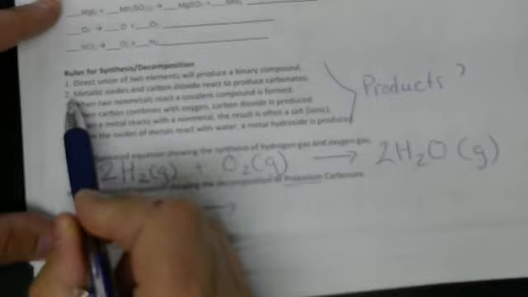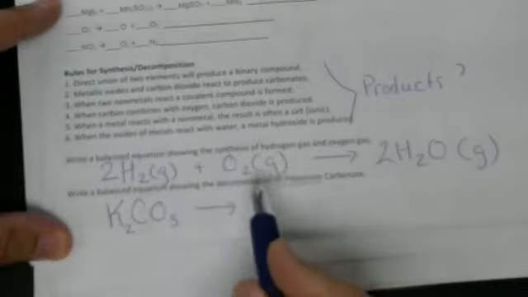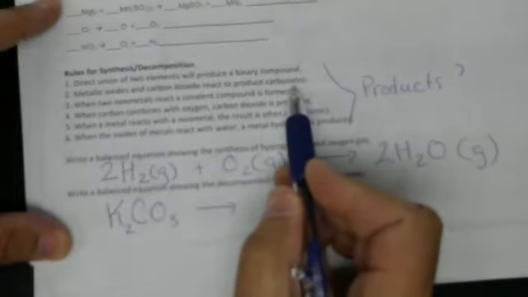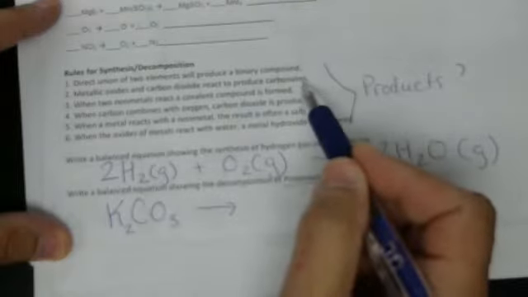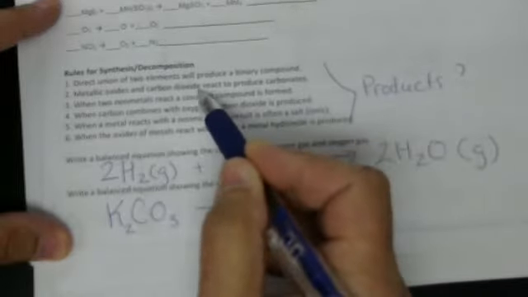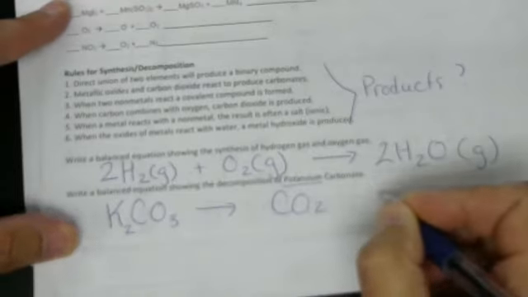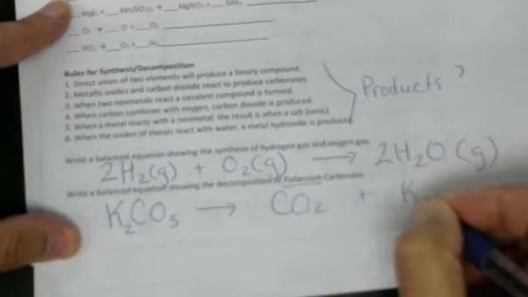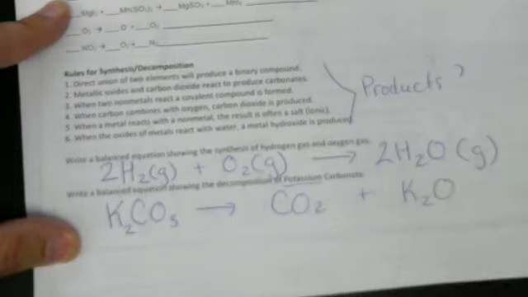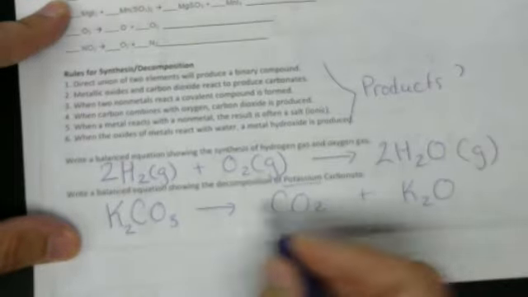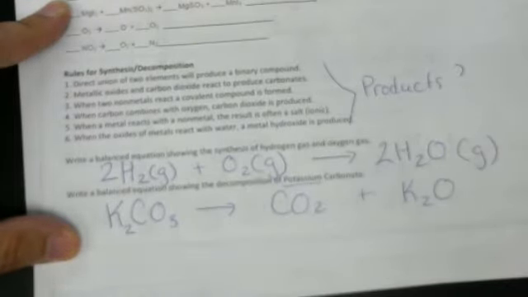If you look back at your rules, one of the rules, I believe number 2, says metal oxides and carbon dioxide react to form a carbonate. So if we want to do decomposition, a carbonate is going to decompose into a carbon dioxide and the metal oxide. Let's see, and in that case, we're balanced.